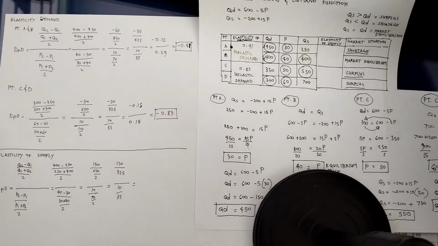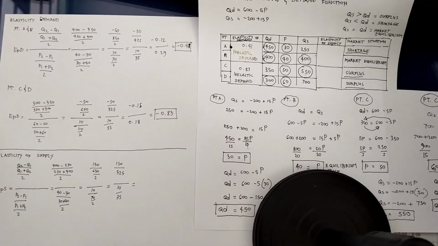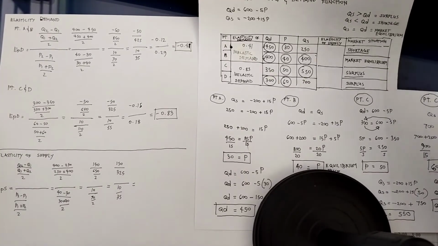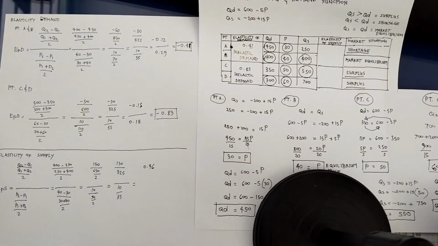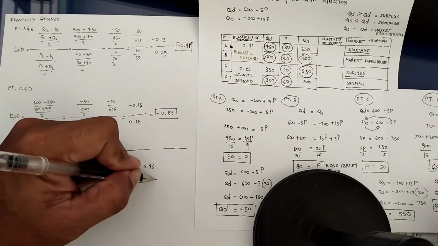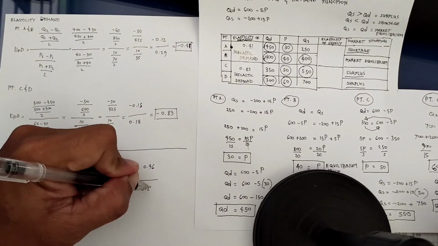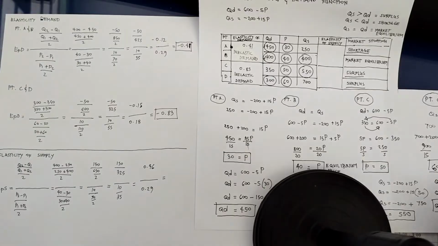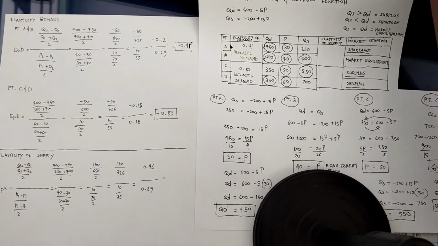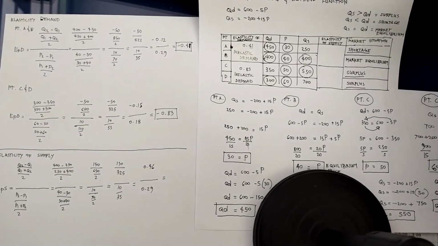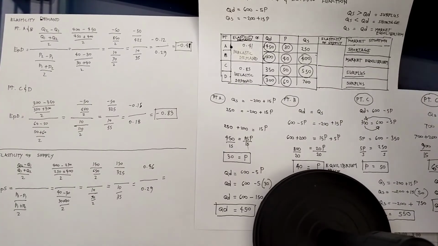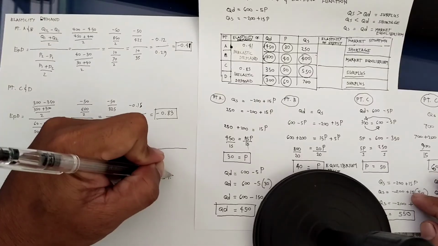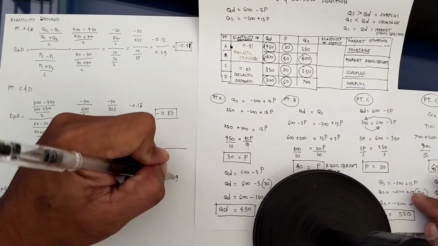So 150 divided by 325 is 0.46, over 0.29. So 0.46 divided by 0.29, the answer is 1.59.